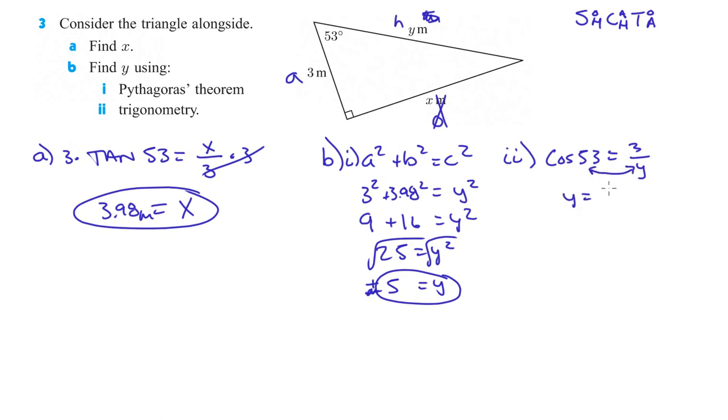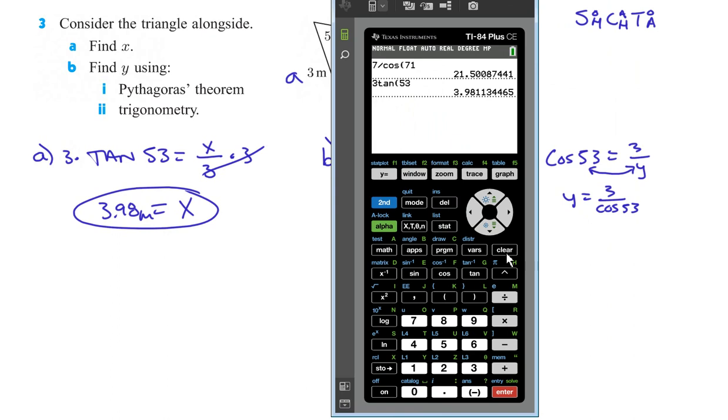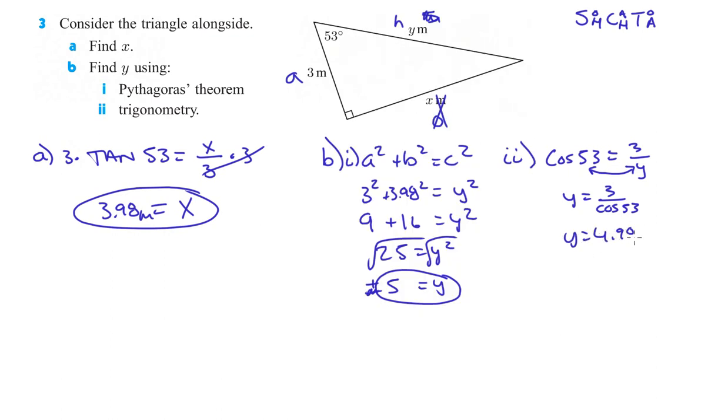So we get y equals 3 divided by cosine 53, and we get 4.98 meters, which is essentially y equals about 5 meters.